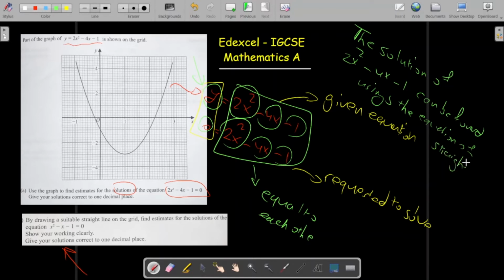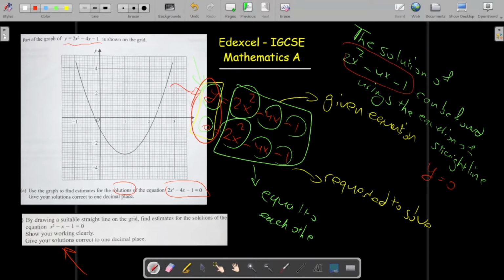What is this equation of a straight line? It's actually the equation y equals 0. Now y equals 0 is going to enable you to find the solution for 2x squared minus 4x minus 1.